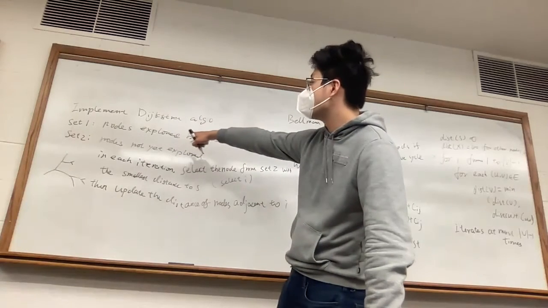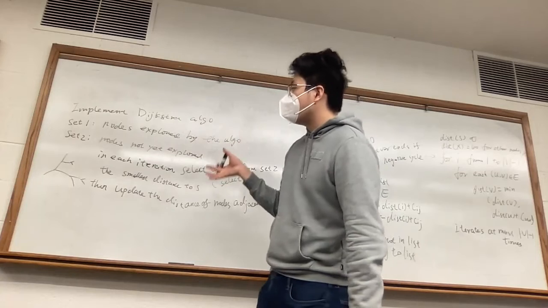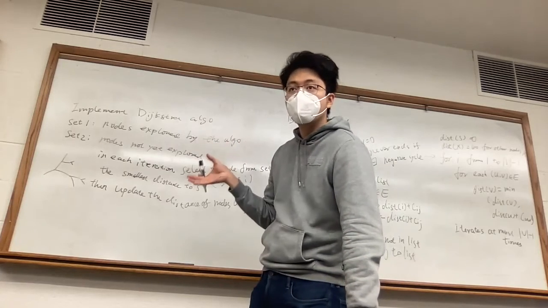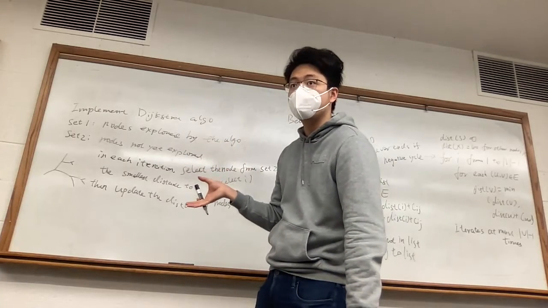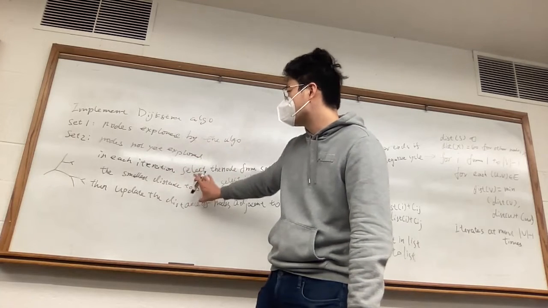Because set 1 are the nodes that you have already explored by the algorithm. Or in other words, the nodes in set 1 have already been included in this tree, which is finally returned by the Dijkstra algorithm. So how can we optimize this process?